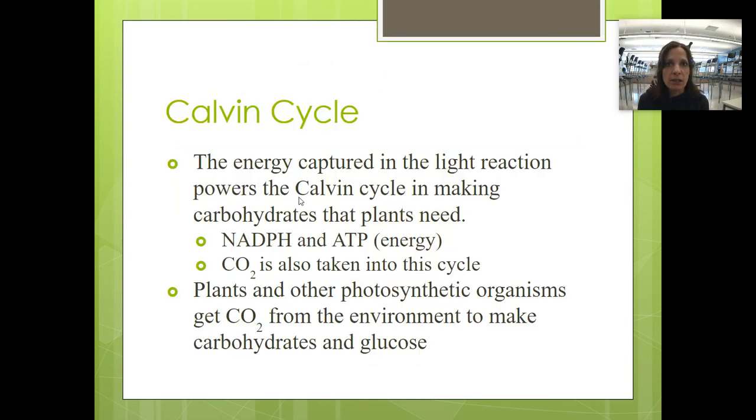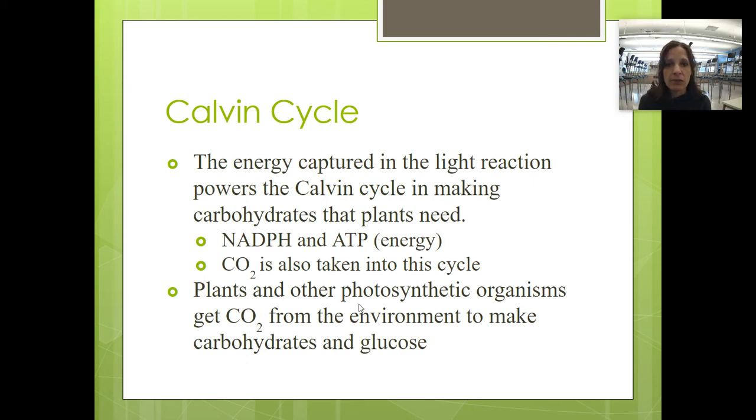So here are the words that go with what I was just saying. Energy captured in the light reaction powers the Calvin cycle in making carbohydrates that the plants need. So the energy from the light-dependent reaction is NADPH and ATP. And then remember that this is where carbon dioxide also is taken in.